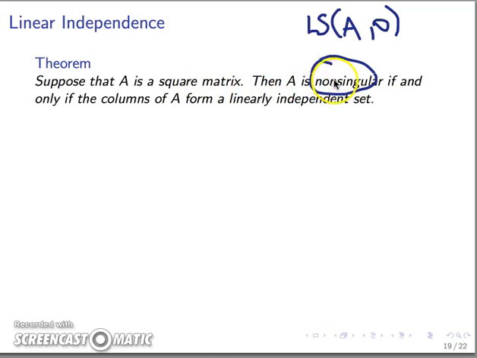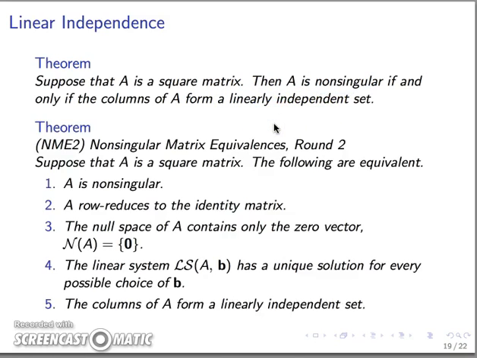So the other connection is that the matrix will be non-singular if and only if its columns are linearly independent. Okay, if and only if the columns of the matrix are linearly independent. And so the non-singular matrices are a special type of matrices. Here we will revisit this theorem throughout, and we will find that all these things are implying each other.